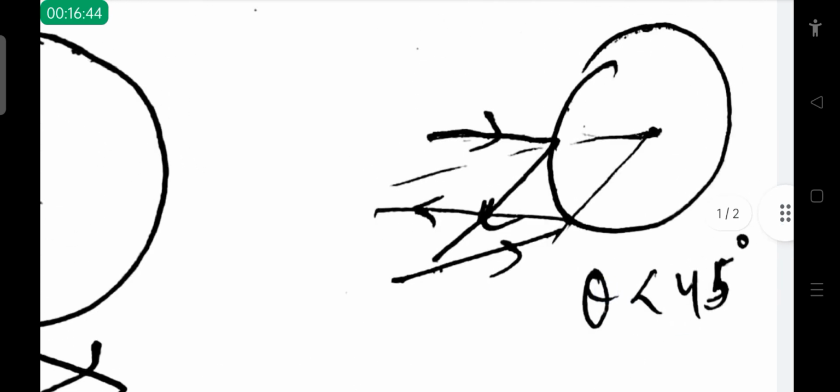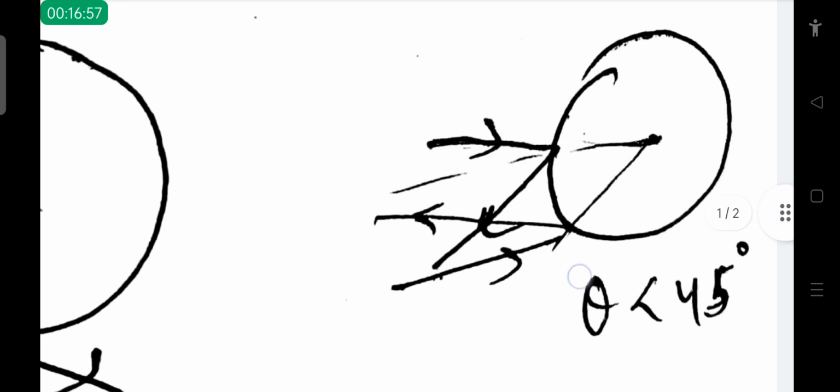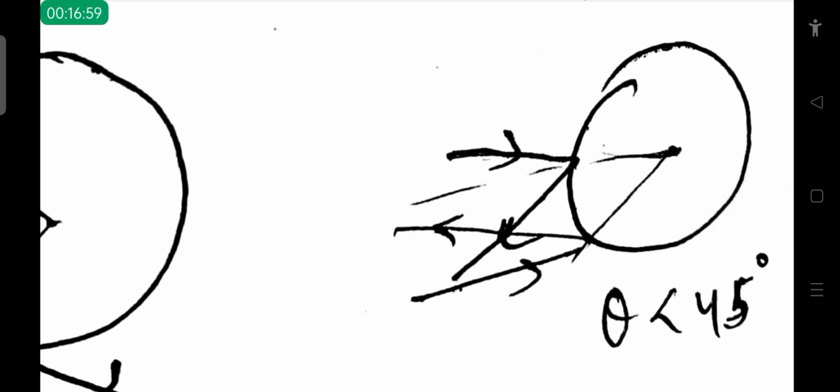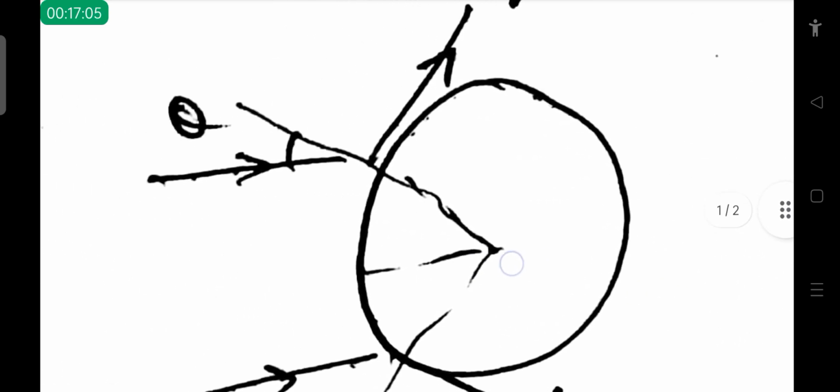If theta is less than 45 degrees, it will be reflected backwards in this plane. If the light was incident along I cap, it will be reflected along minus I cap with some components. I don't care about those, but basically it will be reflected backwards.